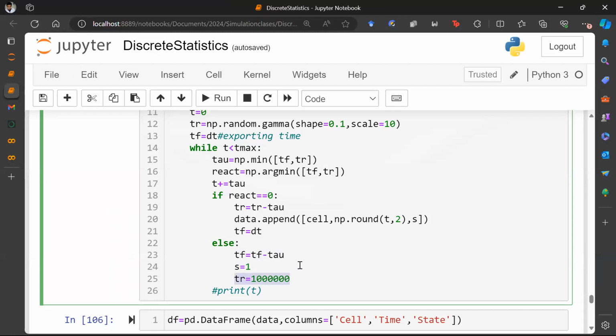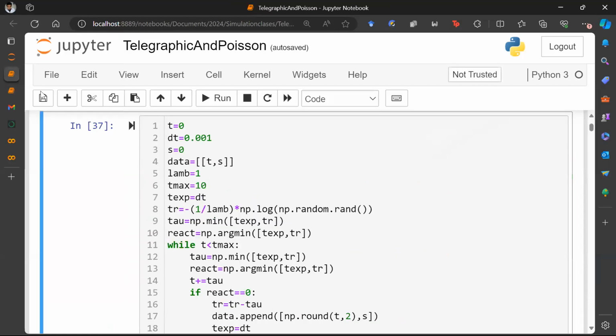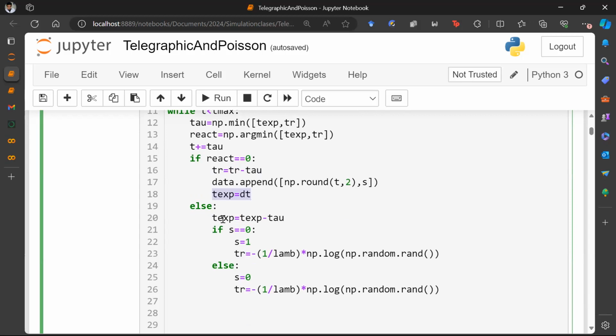This is for one step, but now I do the opposite. If the first event is exporting, I subtract the exporting time, that's the minimum, from the time to reaction, save the data, and the new time for exporting is going to be delta t again.